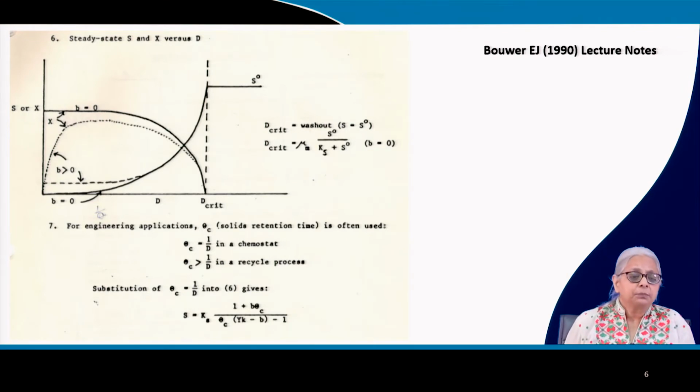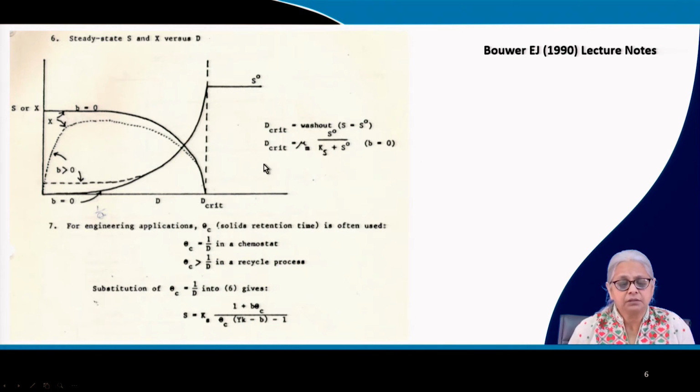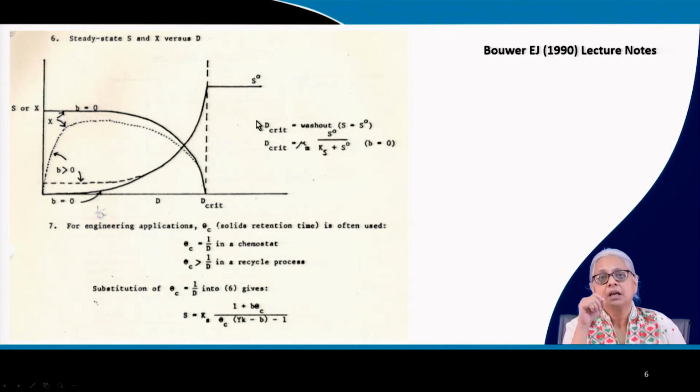We come to steady state substrate and biomass concentration versus the dilution rate. And D critical means if the substrate concentration coming out of the chemostat is equal to S0, it means nothing is being consumed, and that means that all of the biomass is being washed out.